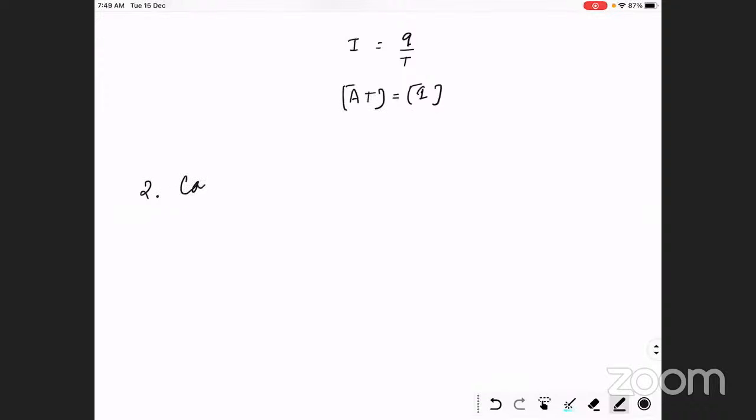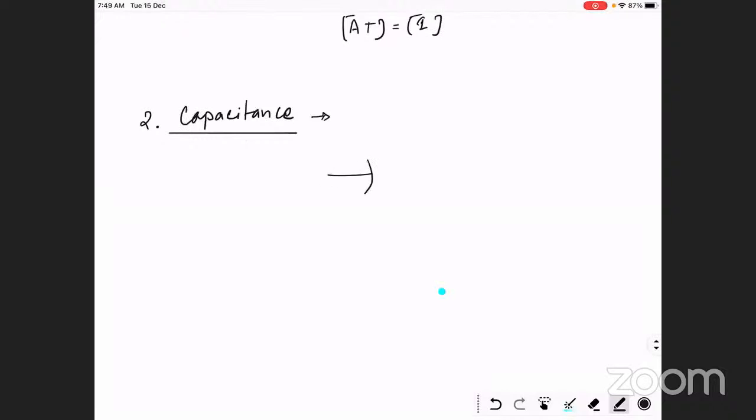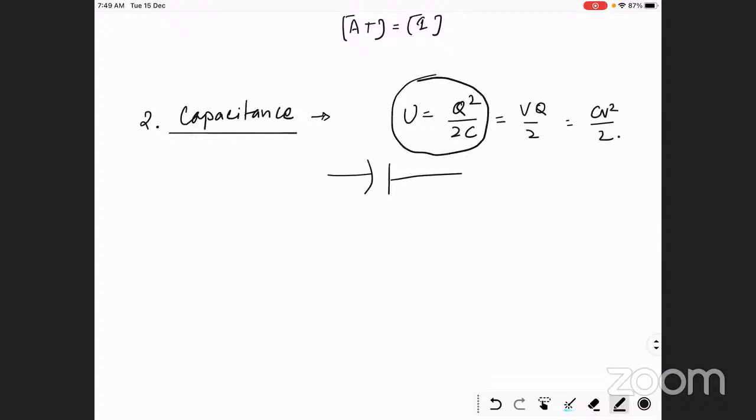Third is capacitance. Can you find the dimensional formula of capacitance in the easiest way? I have one formula. What is the energy stored in a capacitor? QV by 2. And this is also a formula: Q square by C, QV by 2, and CV square by 2. Please pick this one.